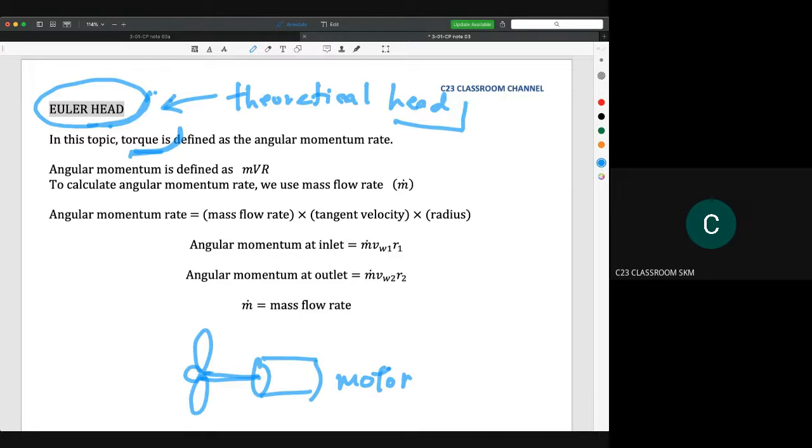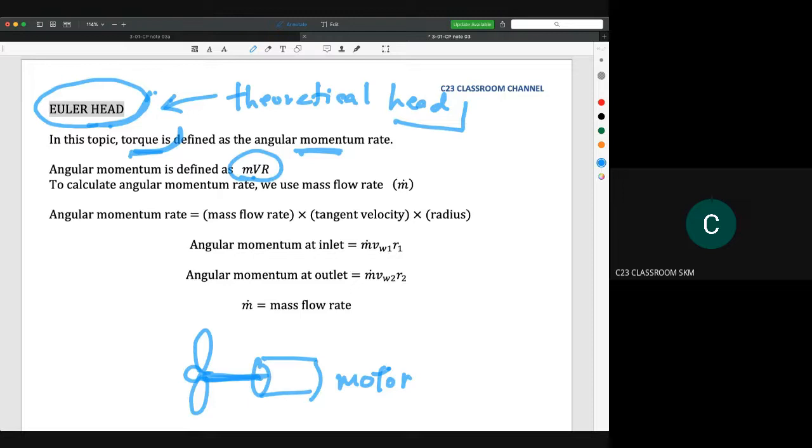When we are talking about the strength of the rotating shaft, we do not use the idea of force, but we use the idea of torque. Torque is defined as the angular momentum rate, and the equation is mvr. This is the common equation for torque in terms of angular momentum and angular speed.